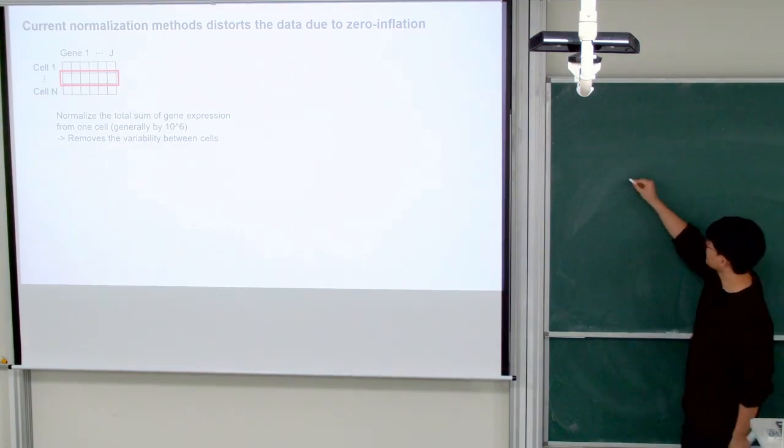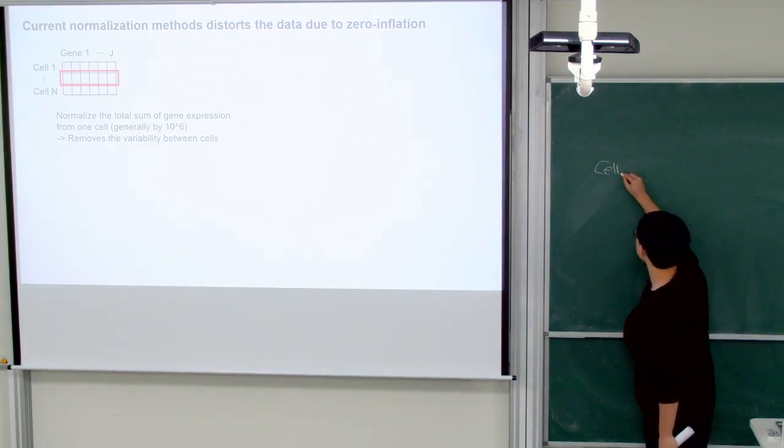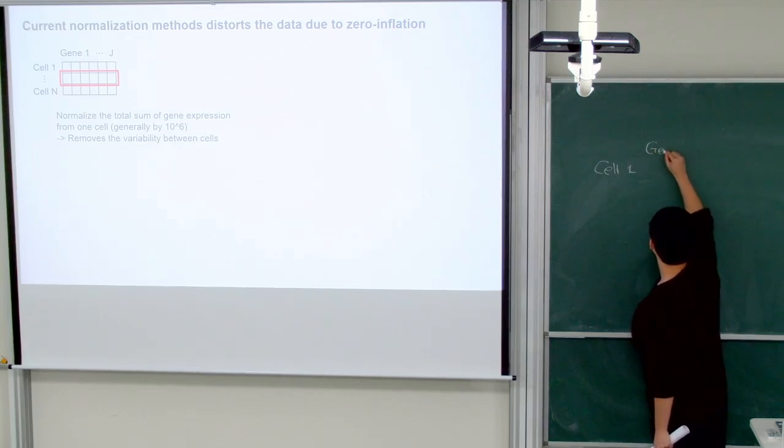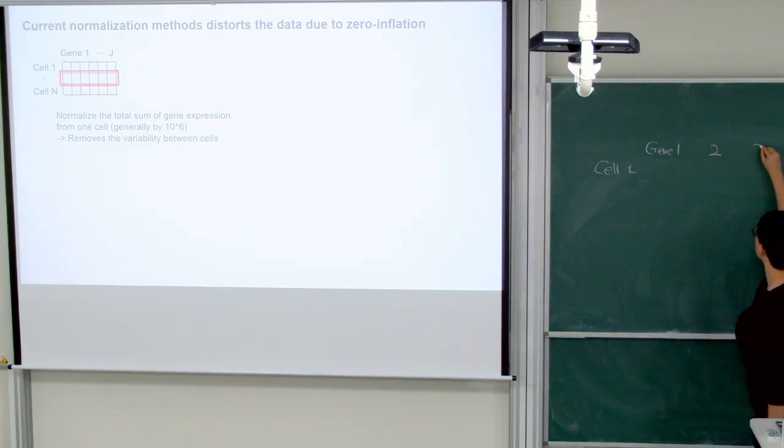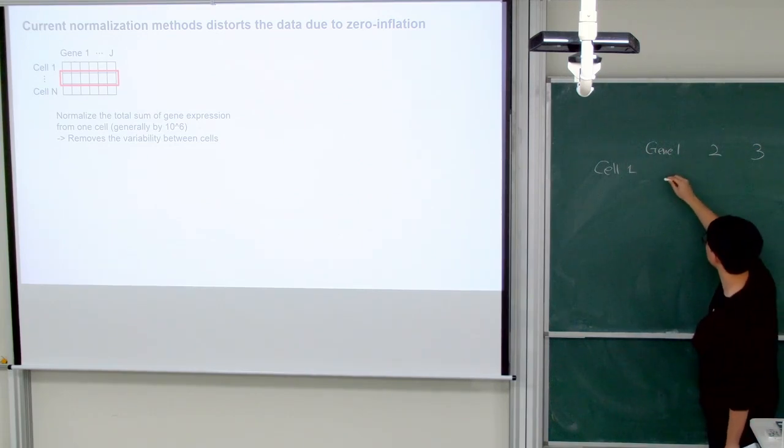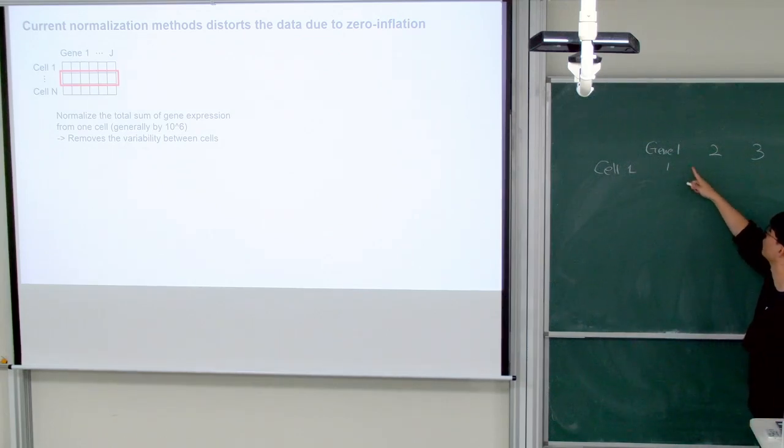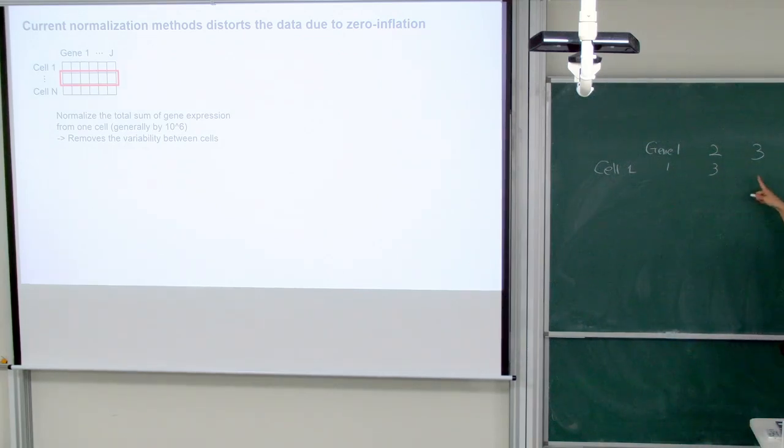For example, suppose at cell 1 we have one count of gene 1, three counts of gene 2, and two counts of gene 3.